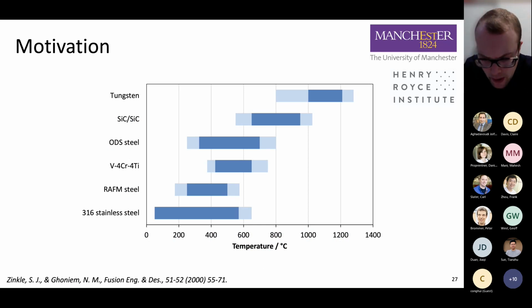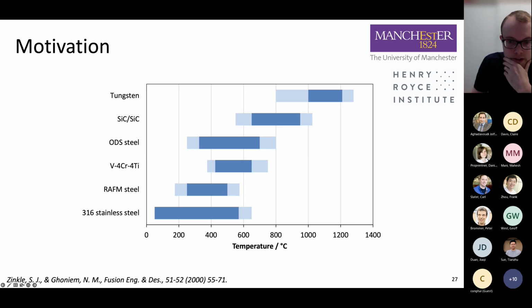If we look at the current candidates for fusion materials, so plasma-facing materials that go inside a fusion reactor, we have quite a few materials that seem to span a decent temperature range, and they tend to be limited by irradiation embrittlement at low temperature, and maybe creep at high temperature, for instance. You might think, great, we've got all the materials that we need here.